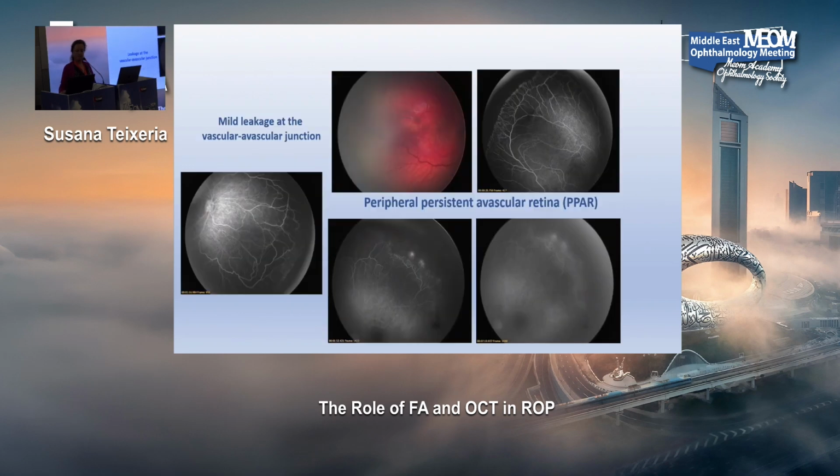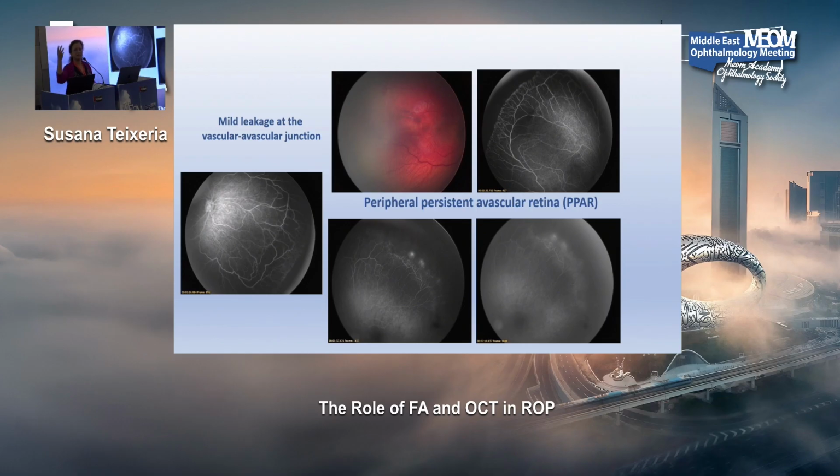And that's quite a finding, not a problem but a finding, because you don't know. There are several theories on whether the peripheral avascular retina is ischemic or not functioning. So it's two different things.